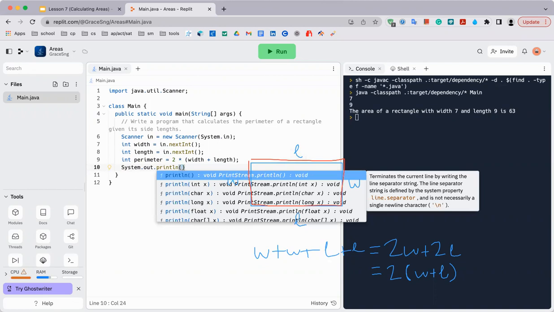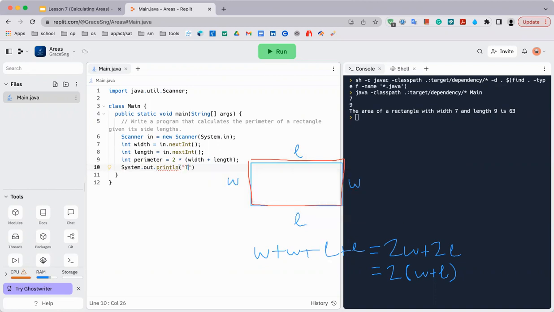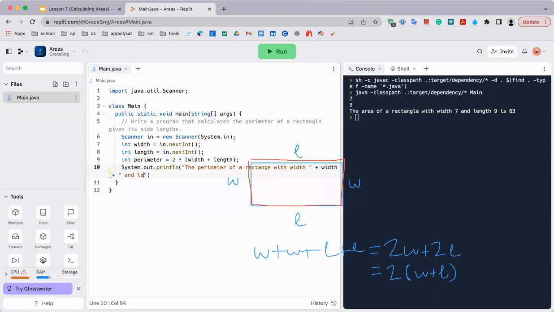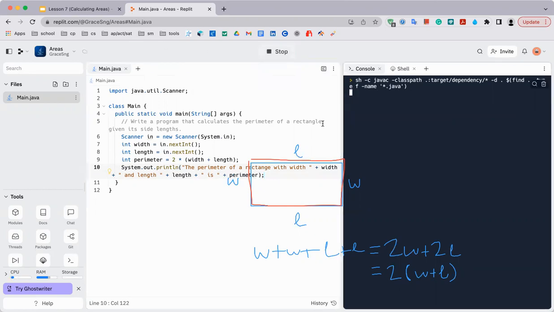And now we can print out our output. All right, so let's go ahead and run it, and let's test it.